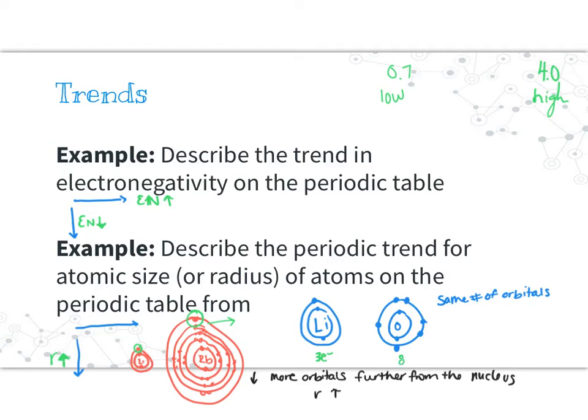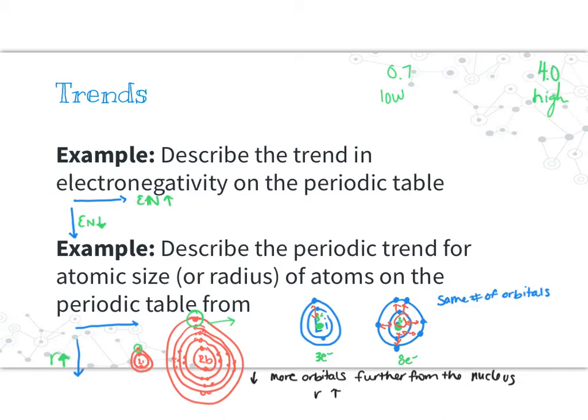Now, lithium has how many protons? It has 3 protons, so 3 positives right in the middle of it. Right here we'd have 3 positives. In the middle of oxygen, we have how many protons? We have 8 protons, so 8 positives. Because there are more positives here, they can have a stronger pull on any of our valence electrons than our 3+ pull.